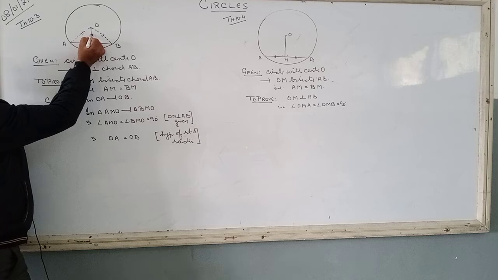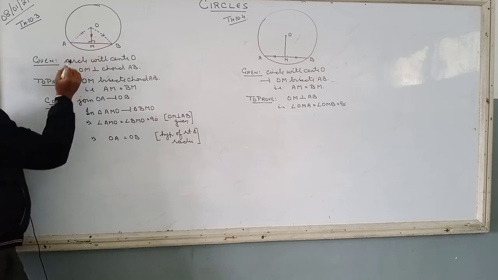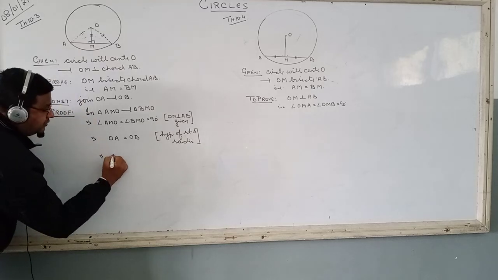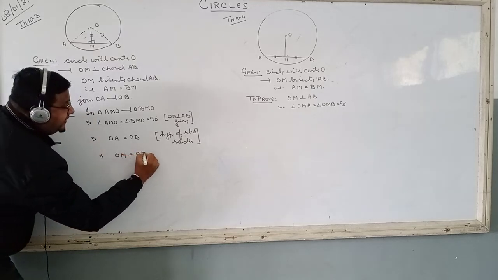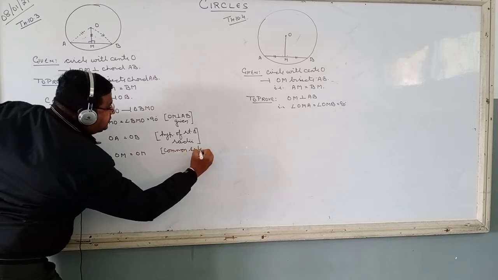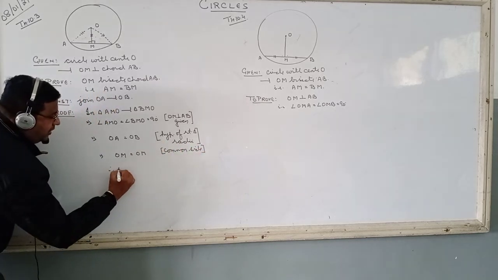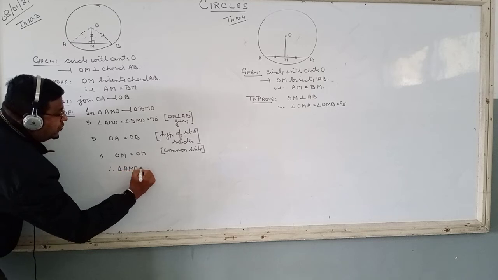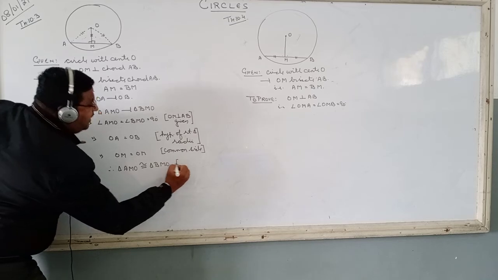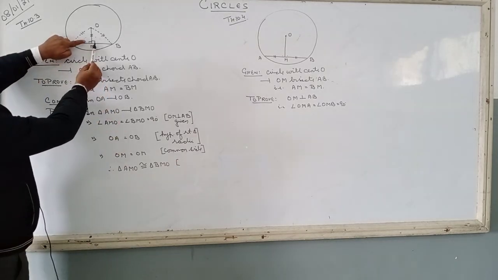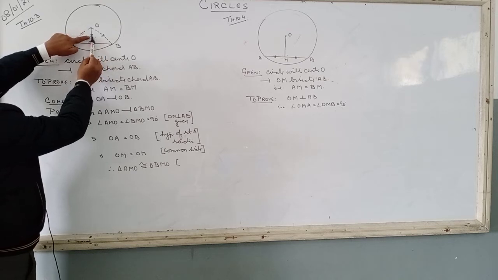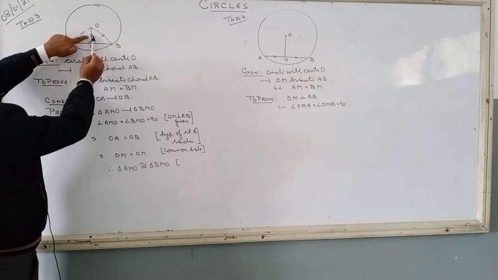And can you see this side OM? Is this side OM a part of both the triangles? So OM equals OM, that is the common side. So what congruency? Triangle AMO is congruent to triangle BMO by what congruency? Right angle, hypotenuse, and the common side: RHS.